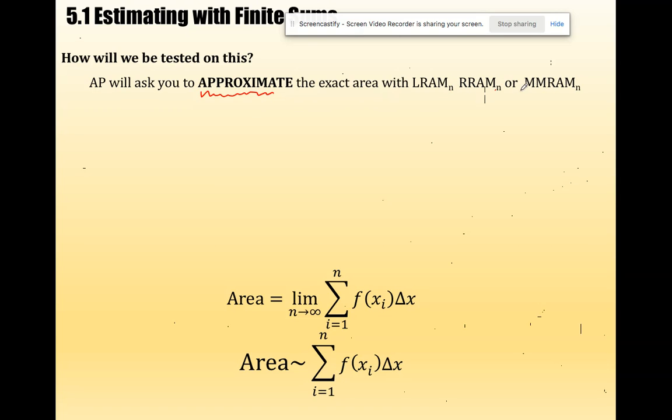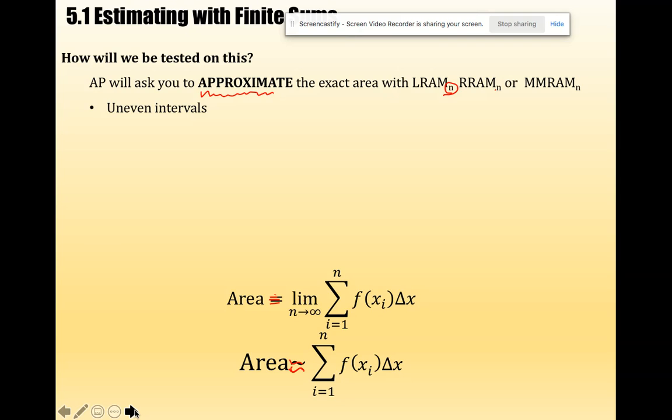And N, remember, is how many rectangles they want. They could also ask you to do the trapezoidal rule. We just haven't learned that one yet. Notice exact area is with a limit, but approximate area does not have a limit. That's where the N comes in: 5 rectangles, 10 rectangles, 50 rectangles.